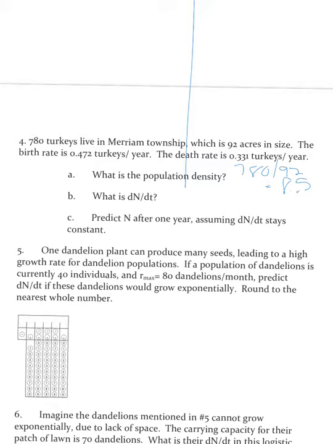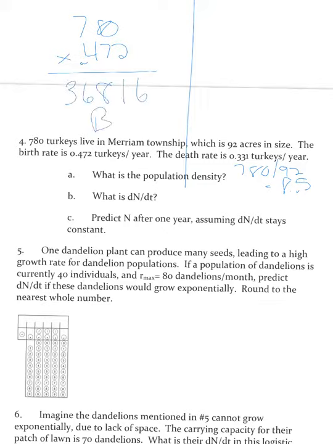The change in population over time, I'm going to have to do up on the higher part of the problem up there because I don't have enough room. But basically, you take the population. This is a very basic problem as well. Take the 780 and multiply that by your birth rate, which was 0.472, and you would get 368.16.